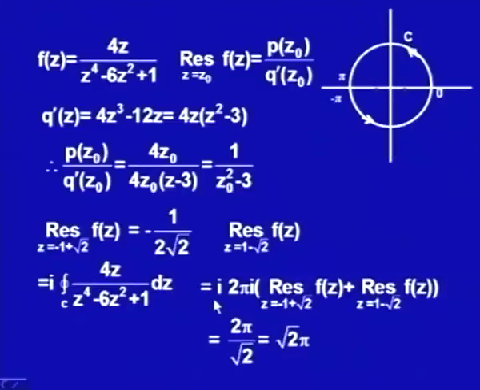Minus 1 is already outside, so I would get 2 pi upon root 2, that is square root 2 pi. So, we have got one more formula, that the integral from minus pi to plus pi of 1 upon 1 plus sine square theta is square root 2 pi. This you do remember that you have used it as a formula, and the proof of this was tedious. Of course, here also it is not very simple, but the methodology is much simpler.